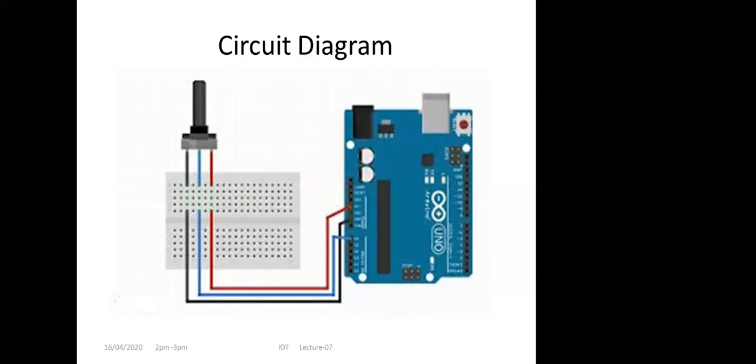The value doesn't matter, because we are using it by rotating the knob so that the changes can be read through the analog signal, and those many changes can be reflected at the output. An LED can take only two values, but here there are many changes. That means in between on and off, the LED also behaves in many ways.